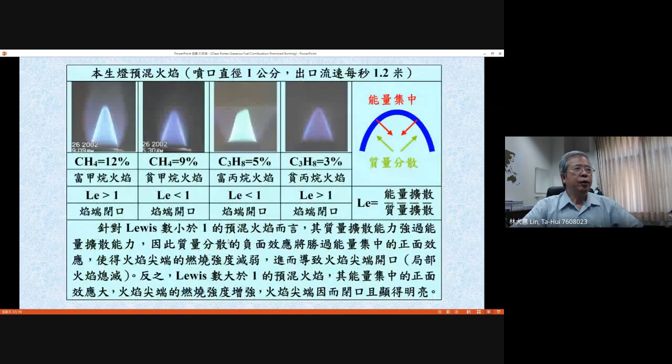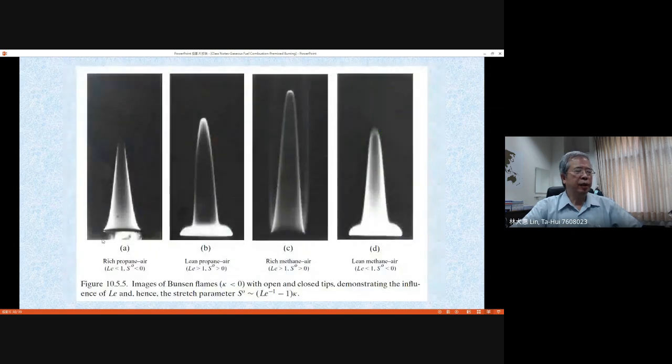With a Lewis number smaller than 1, in figure A and figure D there is an open tip, with a dim propane and a rich propane. With a Lewis number bigger than 1, they have more intense burning on the tip of the Bunsen flame.